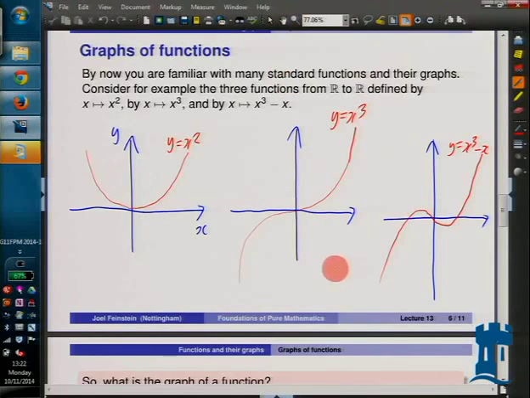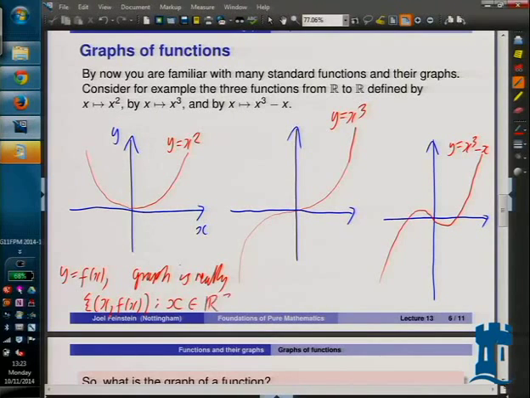So what is the graph of a function? Well, notice what we've drawn here is with y equals f of x, the graph is really the set of (x, f(x)), where in this case x is in R. It's a set of ordered pairs.